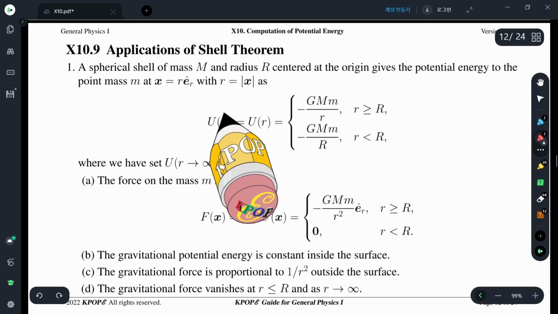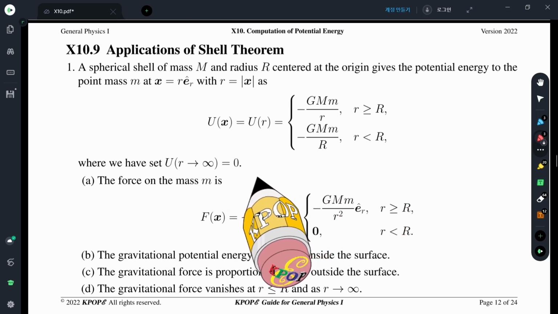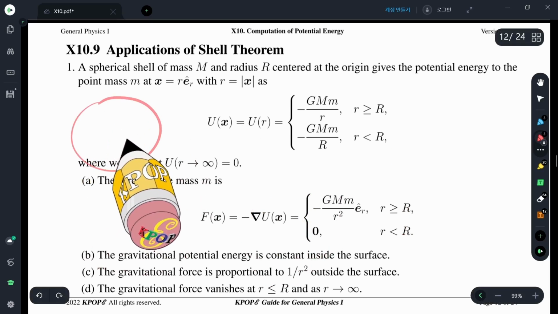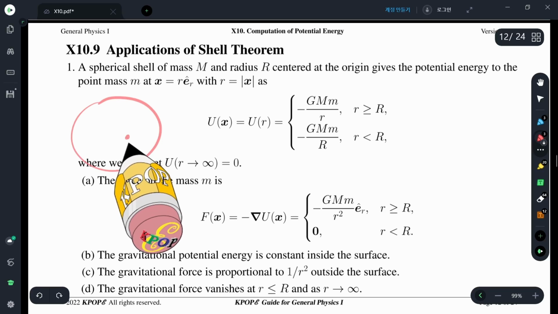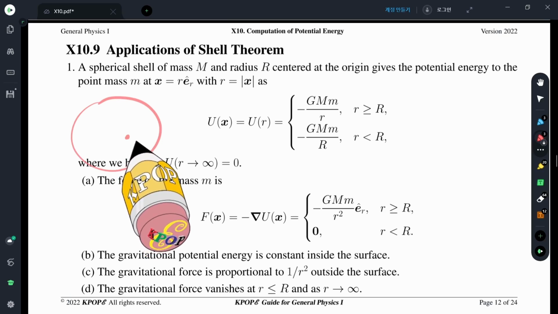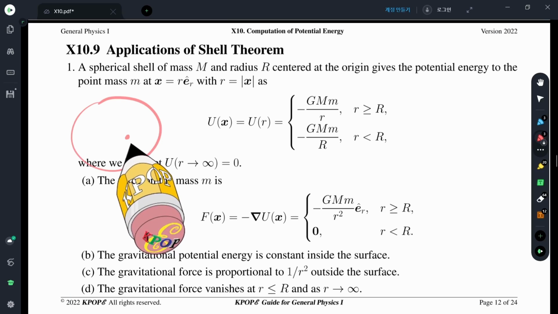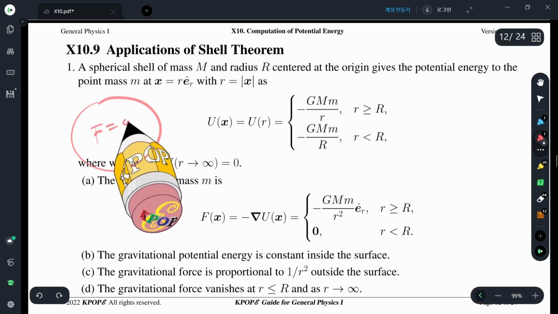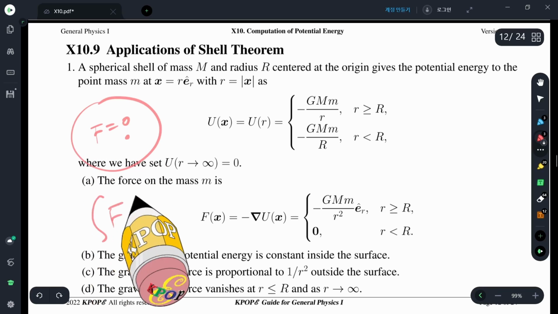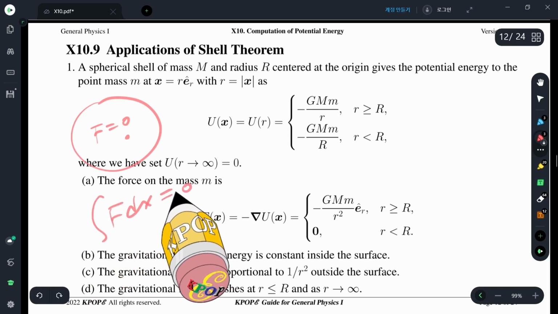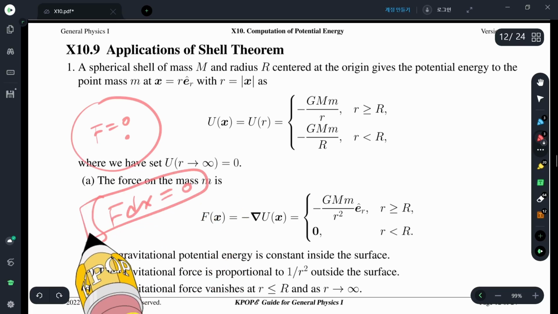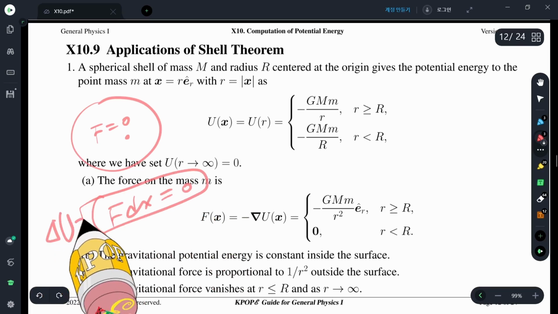So let me apply this shell theorem. The proof is postponed. If I apply this shell theorem, inside the shell, the point particle does not feel any gravitational force. If f equals 0, then the integral of f is always 0, so there is no change in potential energy: delta U equals 0.